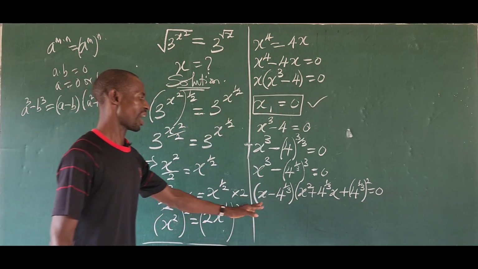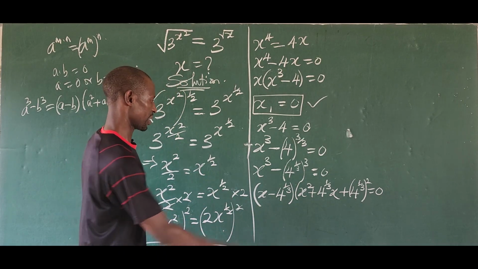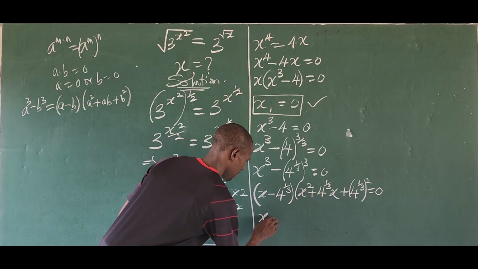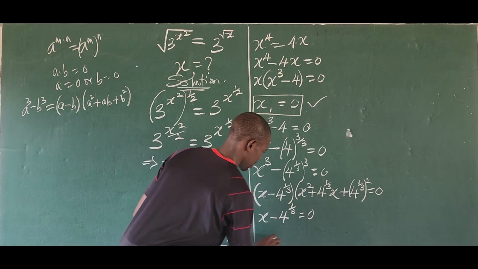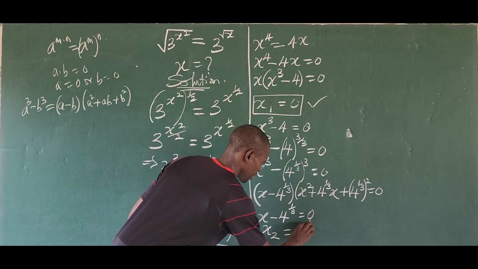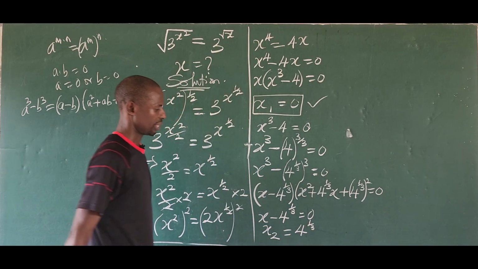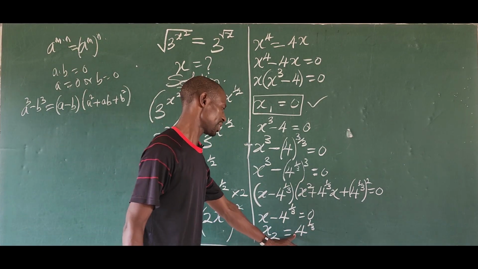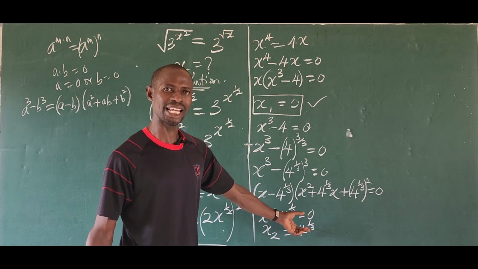Okay, so we're going to have another case here now. So we have case 2. In case 2, we're taking x minus 4 to the power of 1 all over 3 equal to 0. So we now have x2 is equal to 4 to the power of 1 all over 3. Now we can reduce this base here. In other words, we can write this as 2 to the power of 2 and use the 2 as the power to multiply the exponent here.